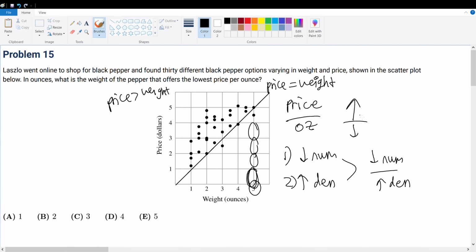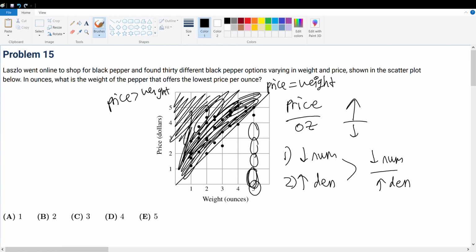Well, that's obviously very bad, right? Because that means we're increasing the fraction. Since decreasing the numerator and increasing the denominator decreases the fraction, the vice versa must increase it. So any point that's above this line should not be considered, so we'll just cross it out as such. And on the test, you just do it with a pencil to avoid these points from distracting you.